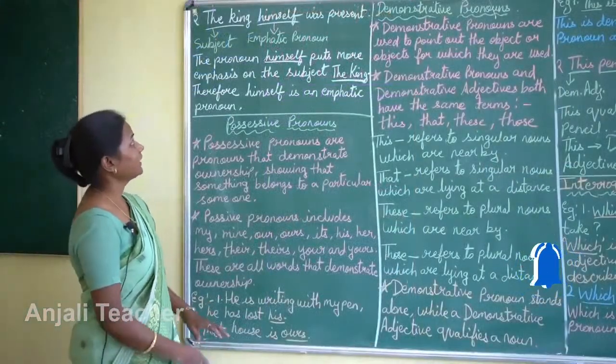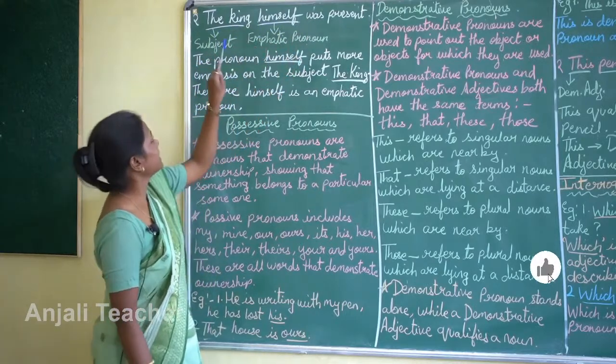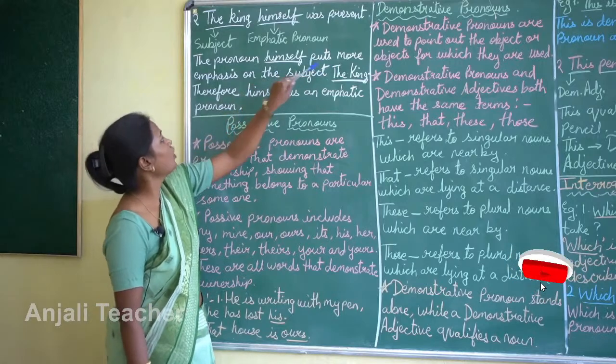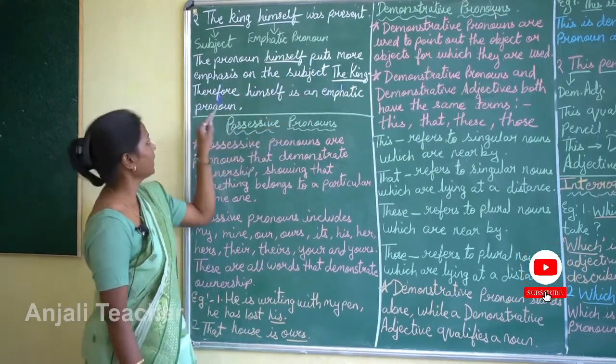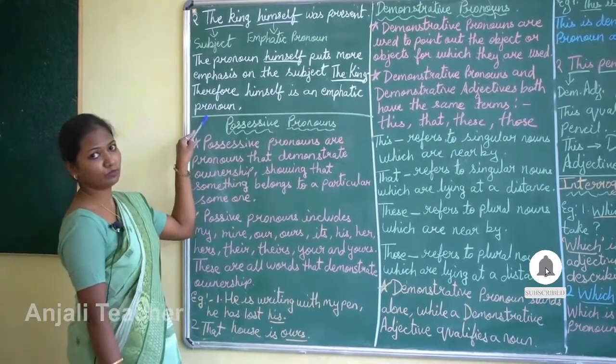The next one is, the king himself was present. Here the pronoun himself puts more emphasis on the subject, the king. Therefore, himself is an emphatic pronoun.